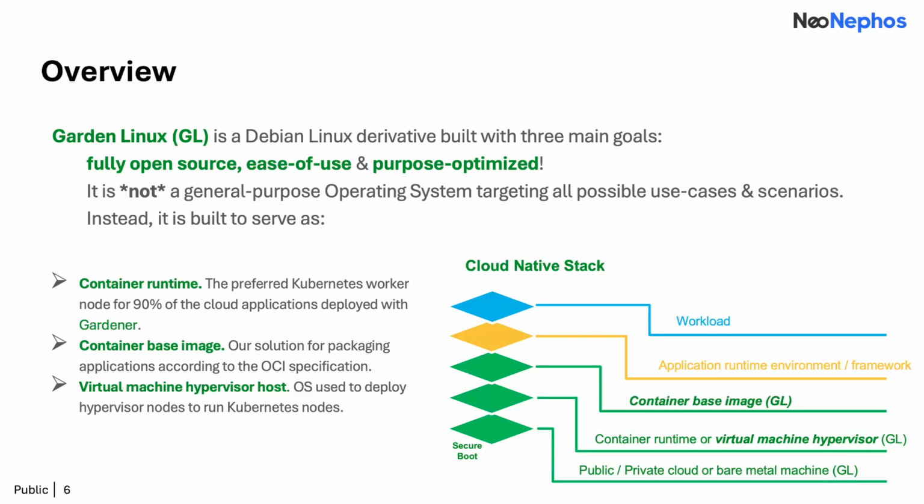So that means you can really run everything from an infrastructure as a service provider down to an operating system, up to a Kubernetes environment like Gardener. That's all there, and that's all supported by us.